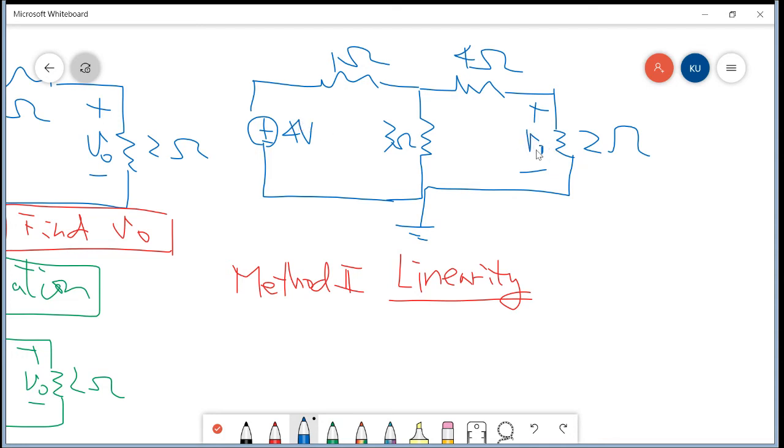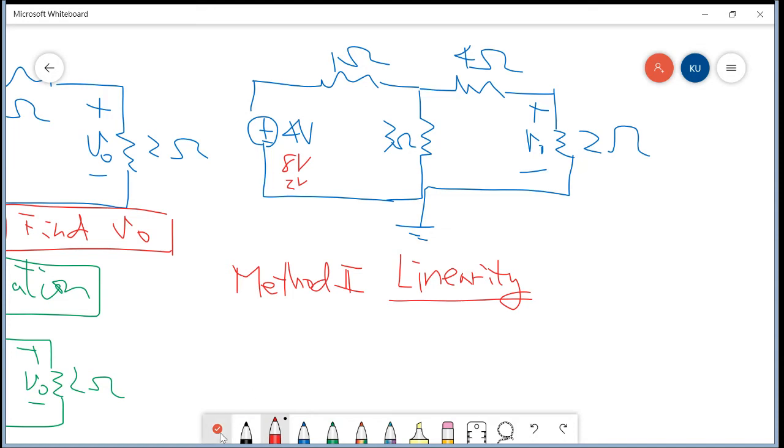This is VO. How about if we change this to be 8 volt, then all the current and all the voltage should be double. And if we change this 4 volt to be 2 volt, then all the current, all the voltage should be half of the original case.